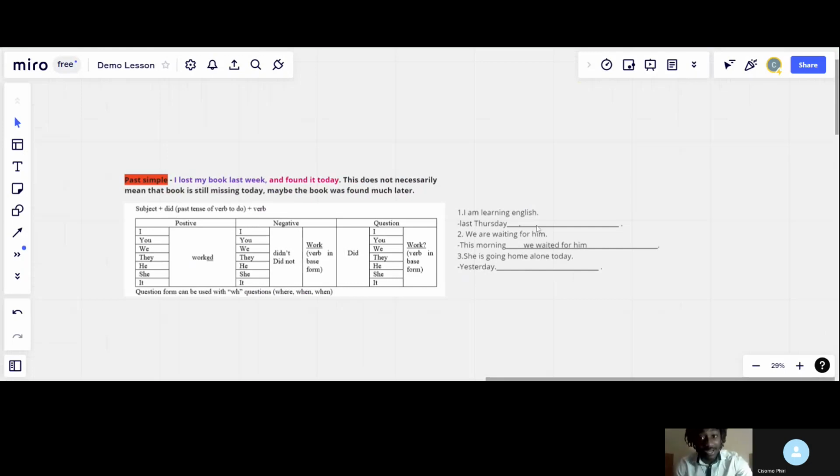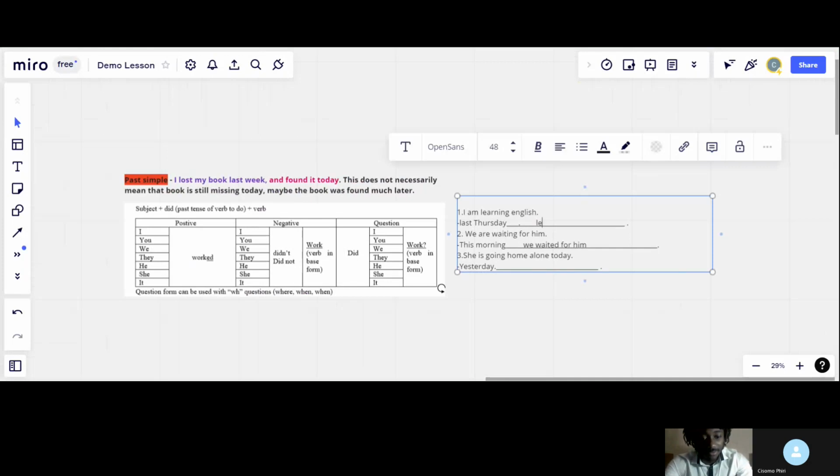Last Thursday, I learned or learnt English. Both these forms are correct. This one has already been done for us. We are waiting for him. This morning, we waited for him. The third one. Can you do the third one?